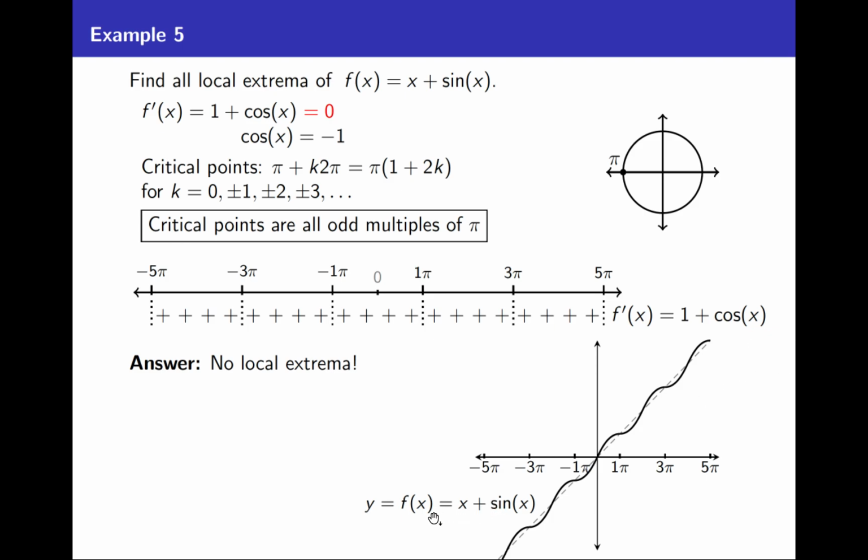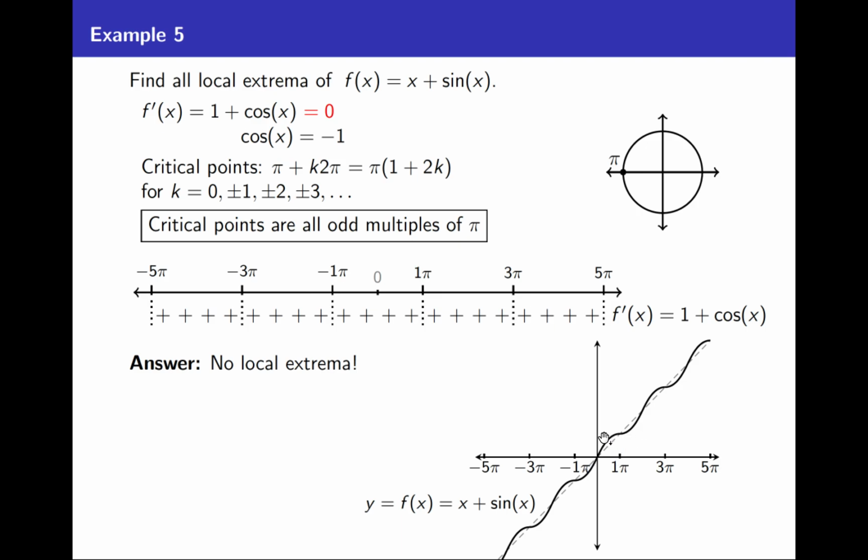If you graphed our function f of x equals x plus sine of x, it has an interesting shape. Think about this, that dotted line, that's the graph of y equals x, and you're adding sine of x to it, which is going to add something above and below, and above and below. It's just going to wiggle up that 45-degree line like this. And notice that right at, say, pi, you're getting a horizontal tangent.